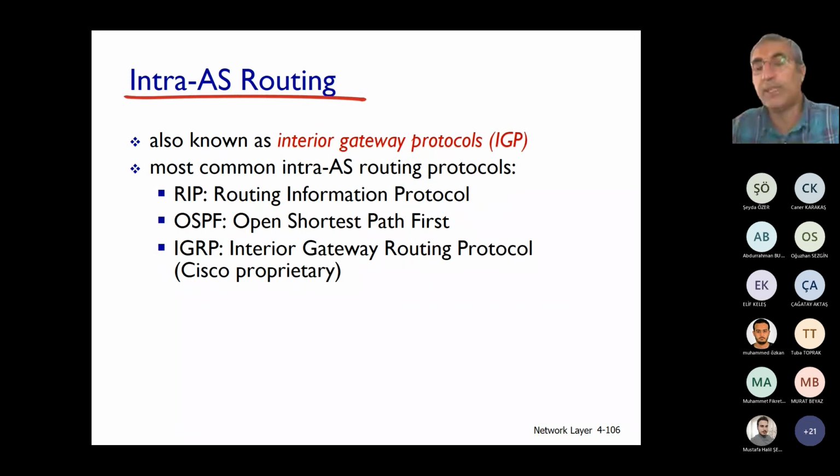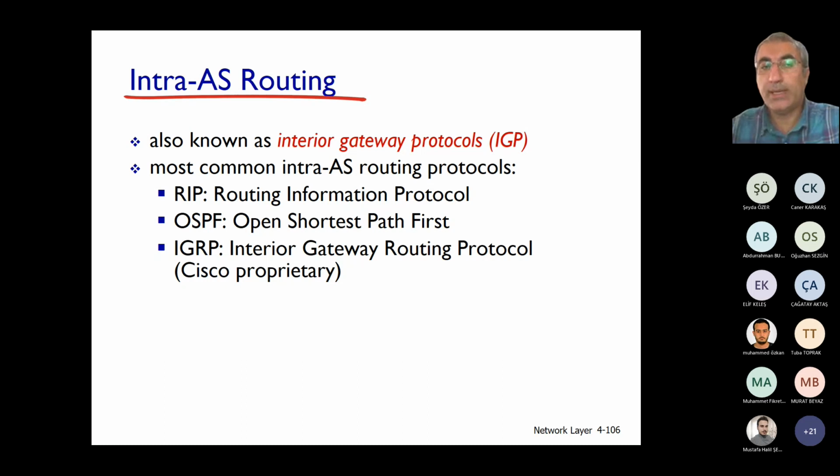Well, of course, before that, let's give some background information about these three protocols. So remember, we talked about the AS, autonomous systems. We have inter-AS and we have intra-AS routing protocols.